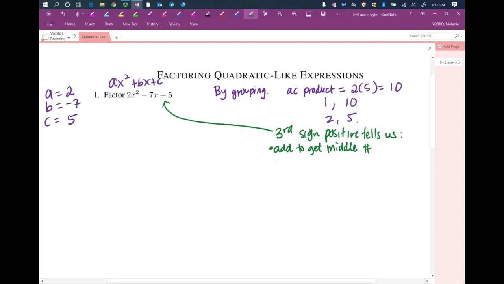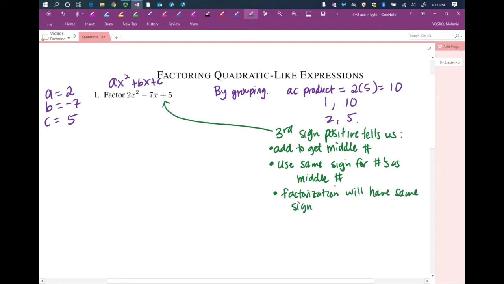Then we're going to use the same sign for the numbers as our middle number. And then when we do our factorization, our factorization will have the same signs in our two sets of parentheses. And we're going to use that middle sign.